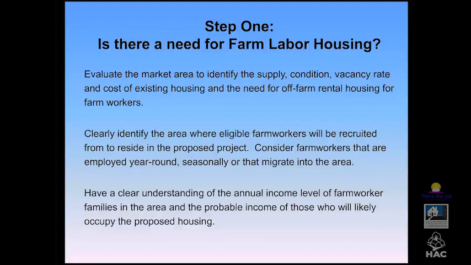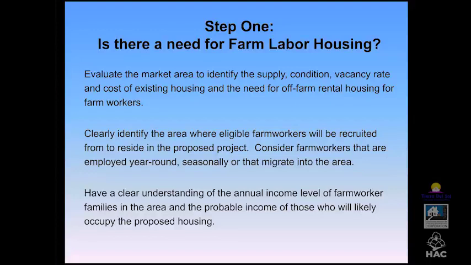Is there enough of it? What's the condition? Is it in poor shape, good shape? What's the vacancy rate and cost of other housing that they have access to? And if there's on-farm housing provided, is there a need for off-farm rental housing?